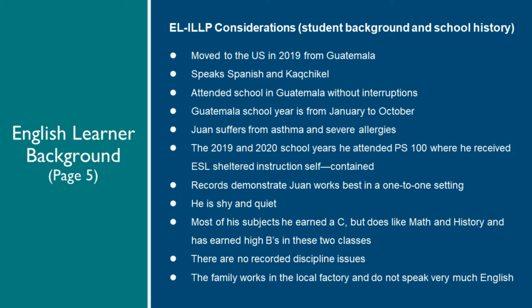It is recommended that the school staff review the student's background and school history. For example, previous schools attended, ELD programs, grades, school records, recommended instructional strategies, referrals, and discipline. Take a few seconds to review the examples used for Juan.